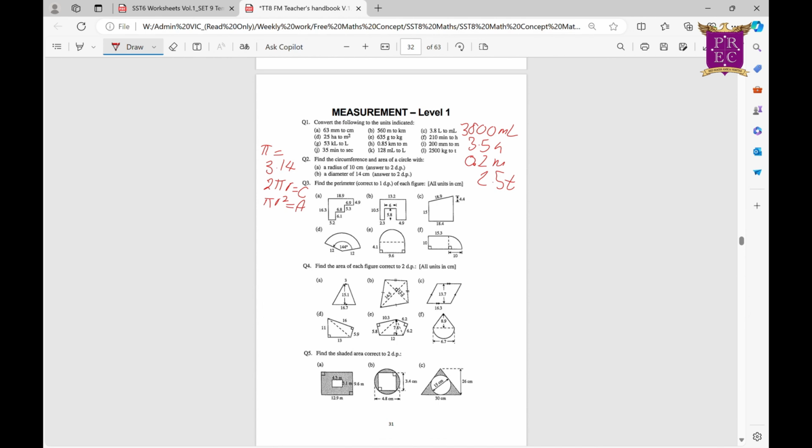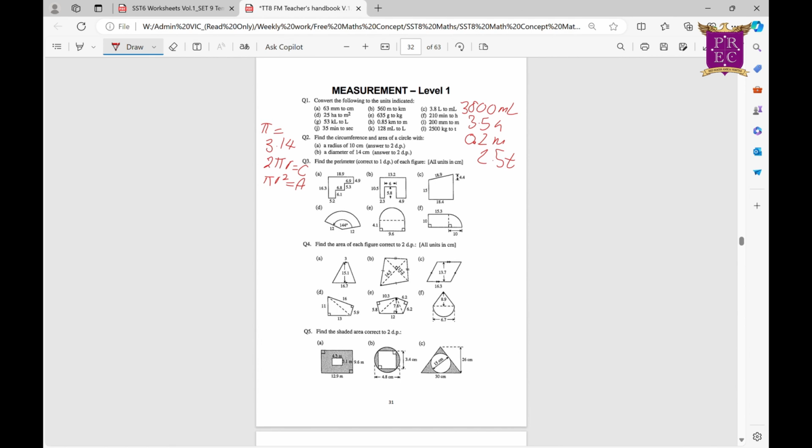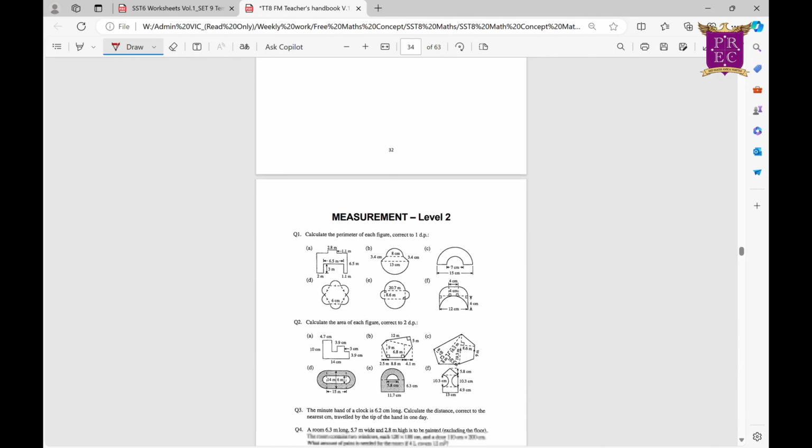Okay, that's it. You guys can try these questions by yourselves. Just apply the formulas from before, and with these kinds of shapes you need to separate the two shapes and find the perimeter or the area separately, and then add them up. Okay, and that's about it.